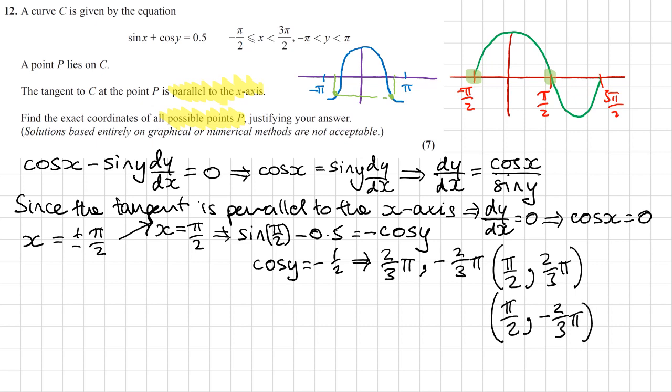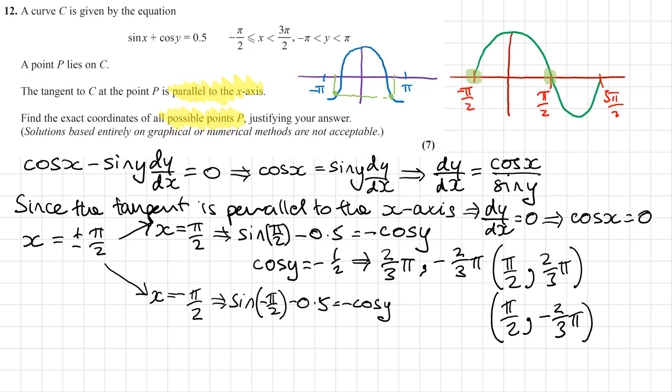Now let's substitute in the other value for x. So x is equal to negative pi over 2. So that will give us sin negative pi over 2 minus 0.5 is equal to negative cos y. So from this, the sin of negative pi over 2, that's going to be negative 1 minus 0.5.